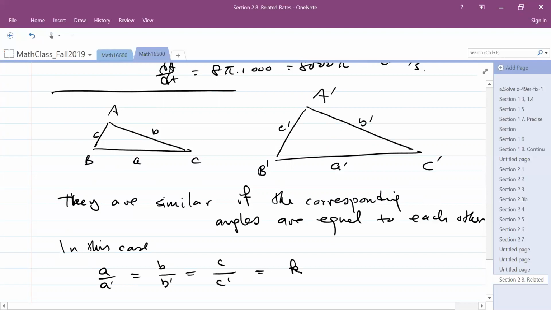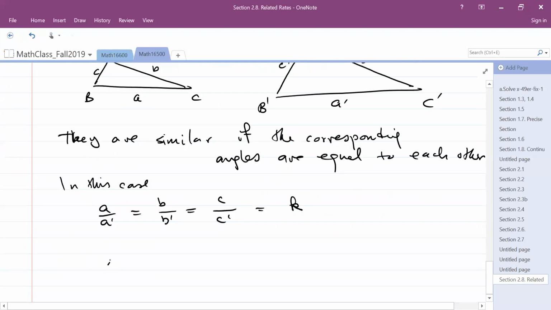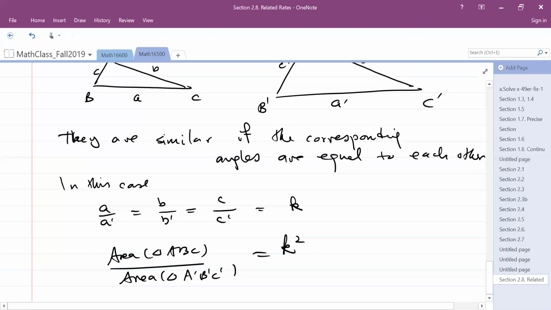If this is a factor K, then we also know that the area of triangle ABC over the area of triangle A prime B prime C prime is going to be K squared.